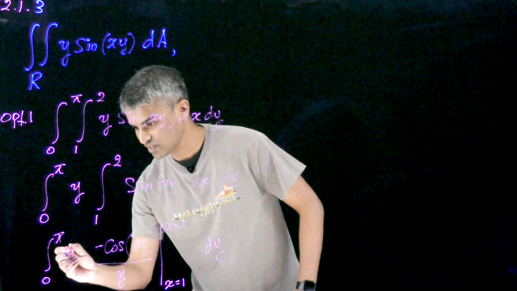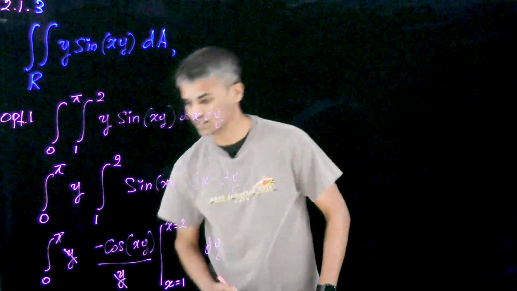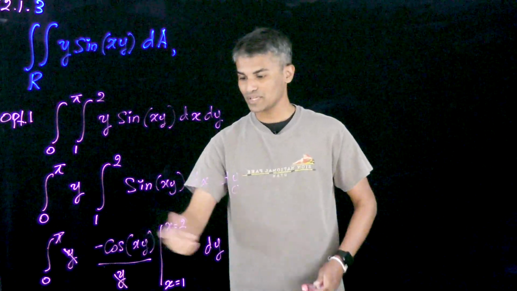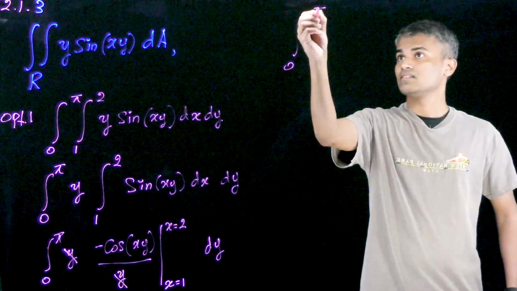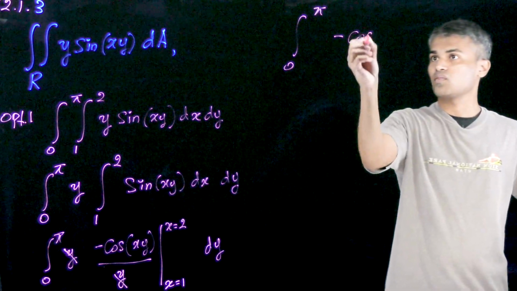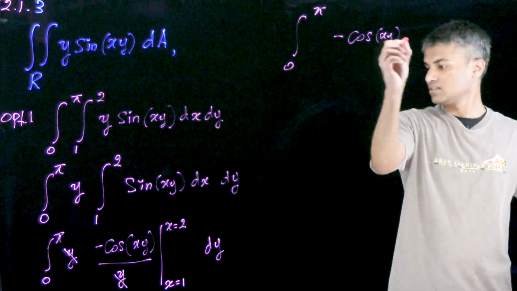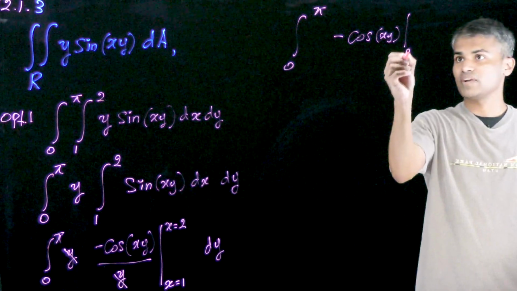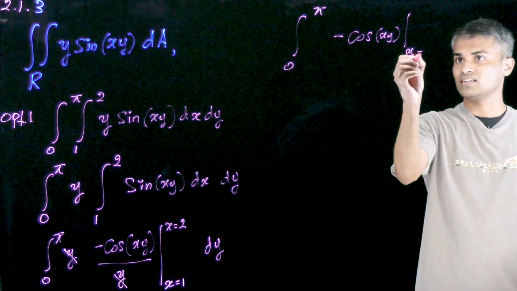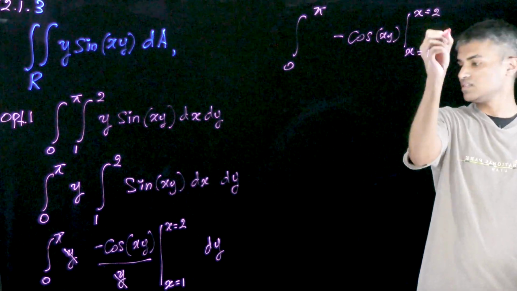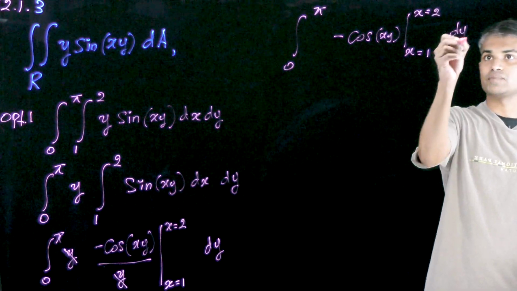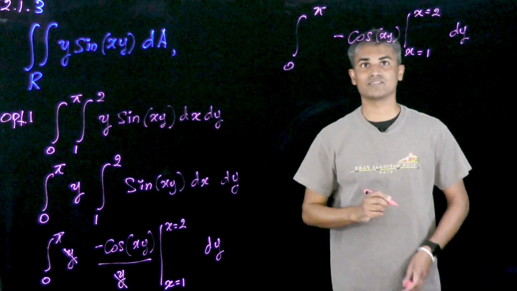So we can cancel this y with this, and now we have a very simple integrand, just minus cosine of xy, but still we need to evaluate this function at x equals 1 and x equals 2, then we have to integrate with respect to the y variable.